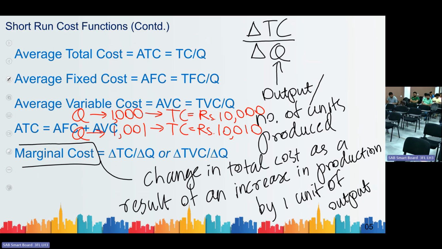Produce 1,000 units, total cost is 10,000 rupees. To produce 1,001 units, total cost will be 10,010.